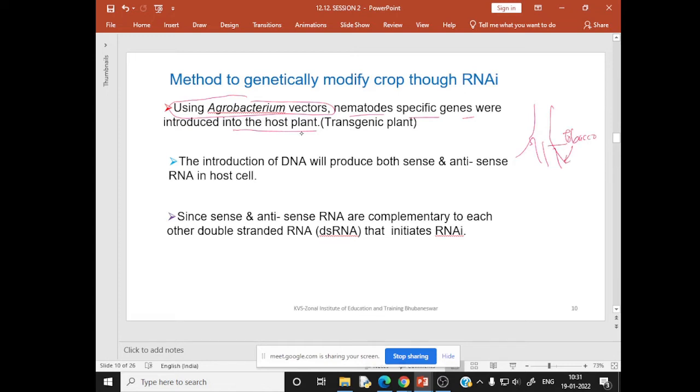The gene is introduced into the host with the help of an Agrobacterium vector. The introduction of this DNA will produce both sense and antisense RNA in the host cell. So when it reaches the cell, it will produce sense RNA and antisense RNA.